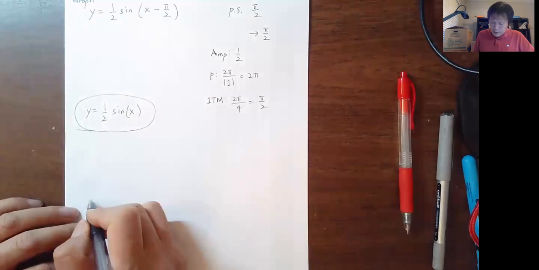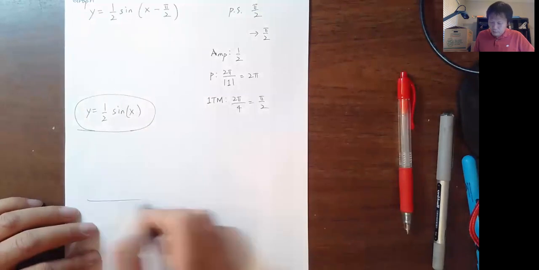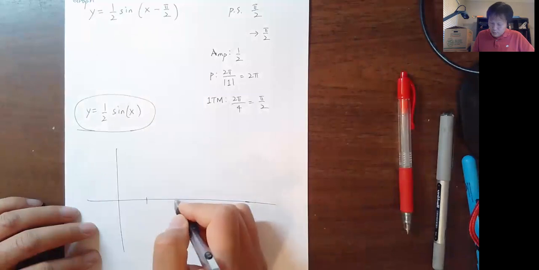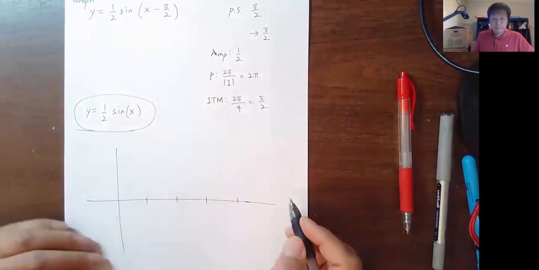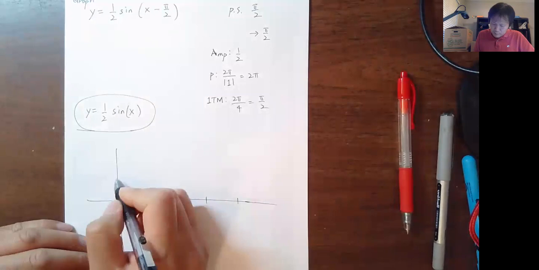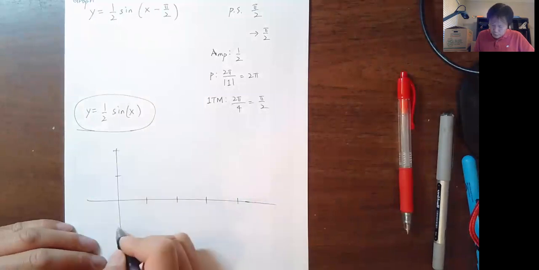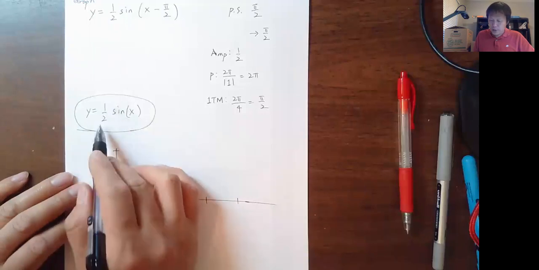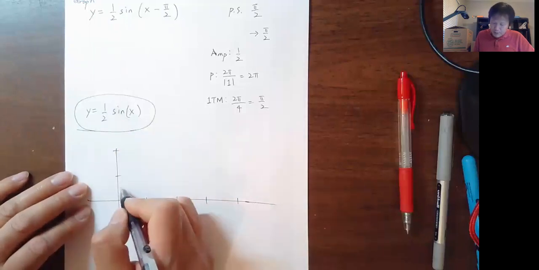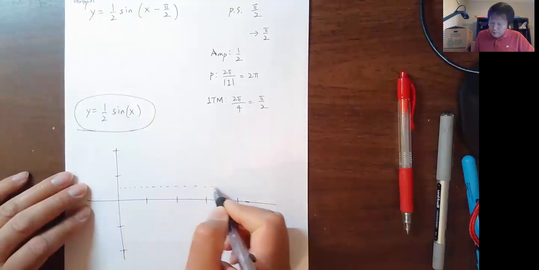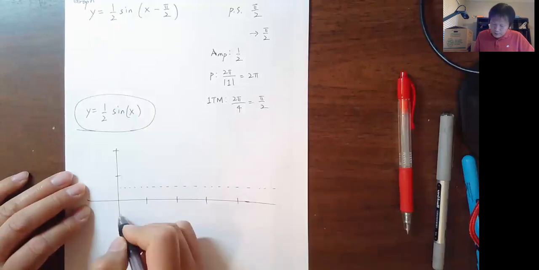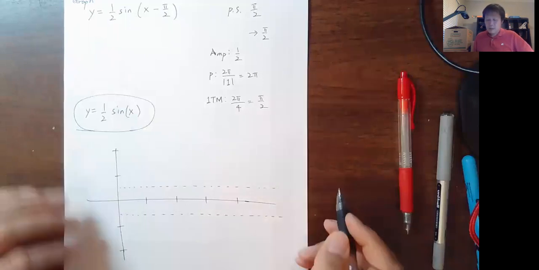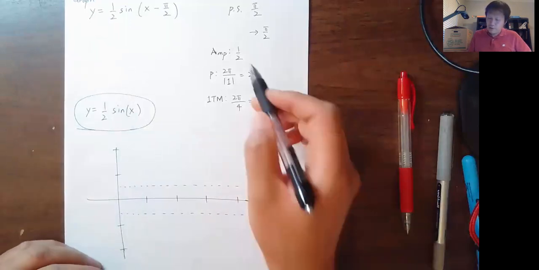So I will say 1, 2, 3, 4. 1, 2, 3. So the amplitude is 1/2, so it's 0.5. So you go up by 0.5, down by 0.5, and the fourth tick mark is the period.